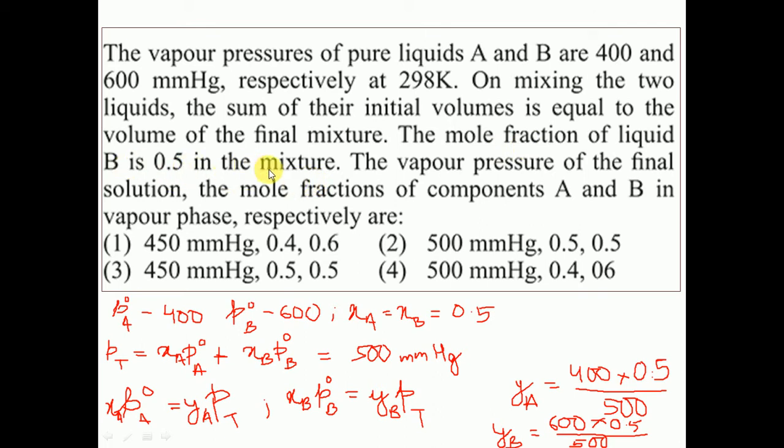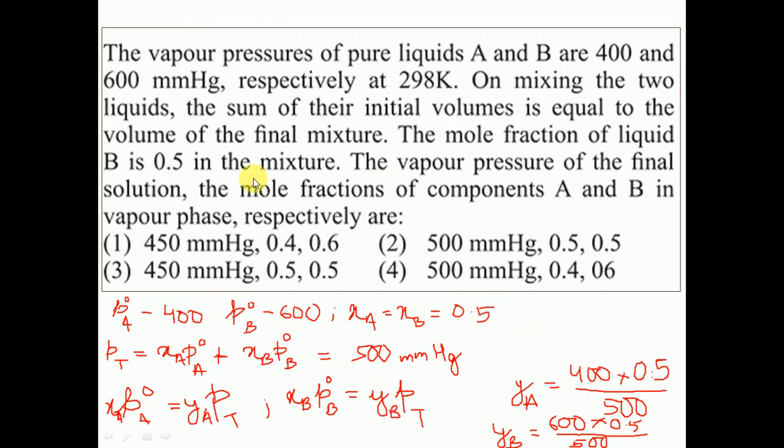Fine. So from the question we know that we are just mixing these two components, so it is a binary mixture. We can thus say that the mole fraction of A and mole fraction of B have a summation of 1, right? I mean XA plus XB will be 1.